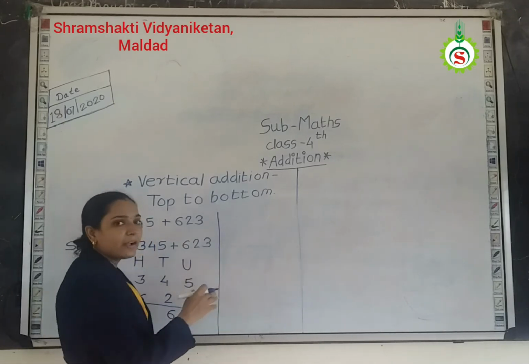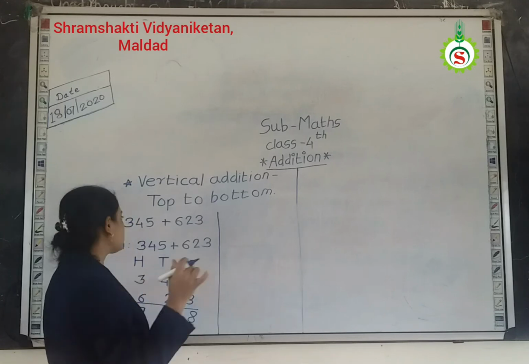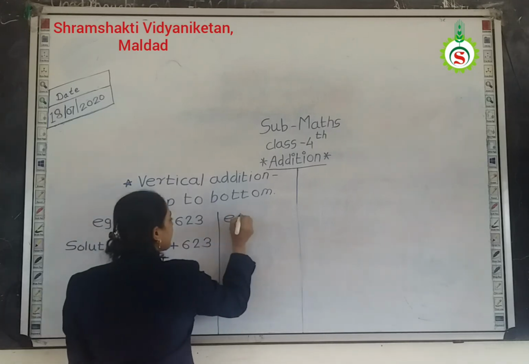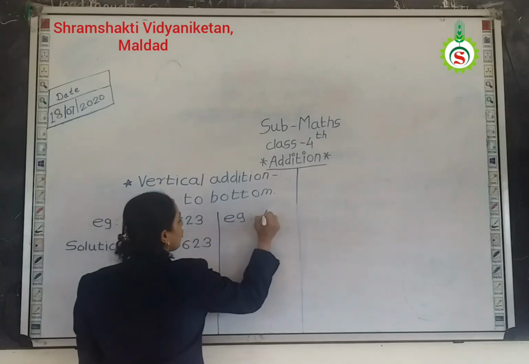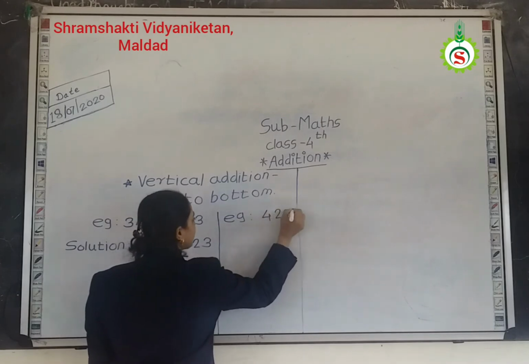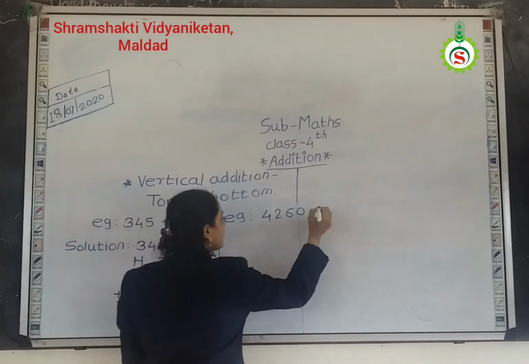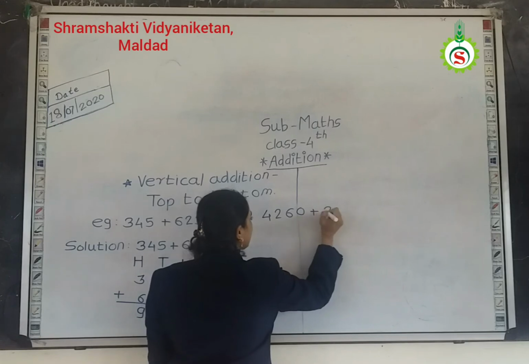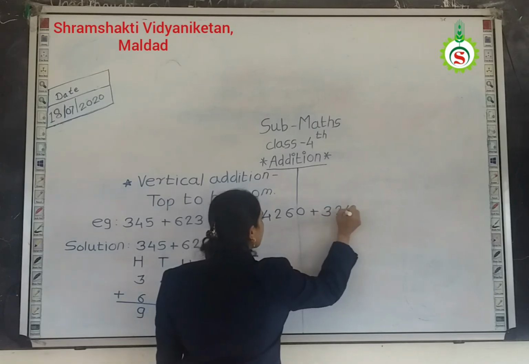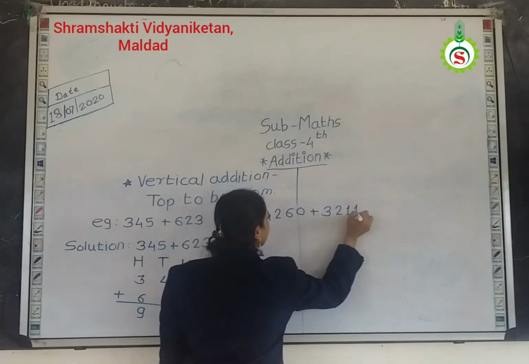Now we take a 4-digit question. Example: 4260 plus 3211.